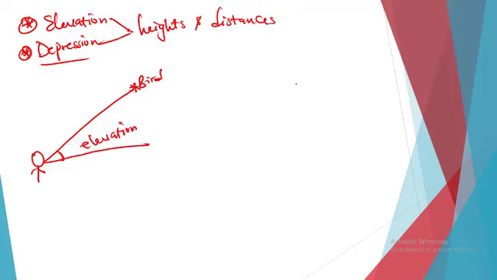But in angle of depression, a man who is above looks down to see something below. Let's assume a man on top of a tree looking down to see, let's say, a chick, and immediately he looks down, an angle is formed.